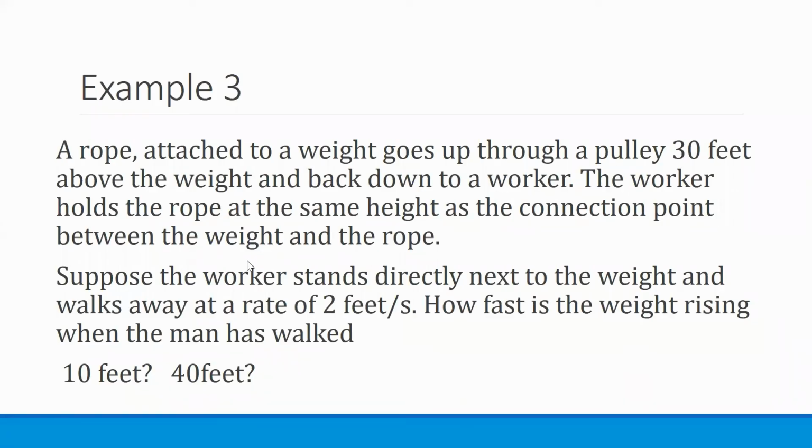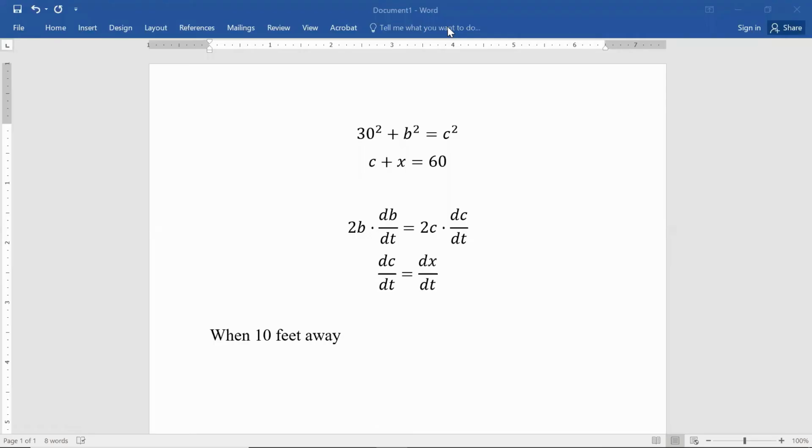Just to go back to the original problem. Remember, this person is walking away at a rate of 2 feet per second. And we want to find how fast the weight is rising when this person is 10 feet away and when this person is 40 feet away from his original starting point. Let's start by calculating what's going to happen when this person is 10 feet away. Remember, the 10 feet away was the base, so that's the B in this equation.